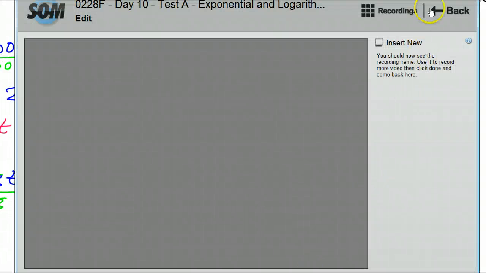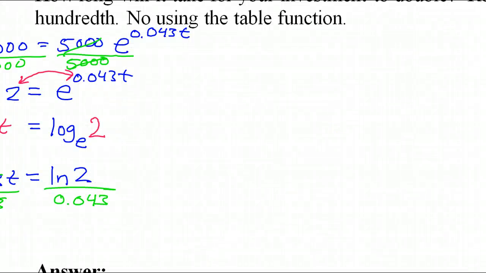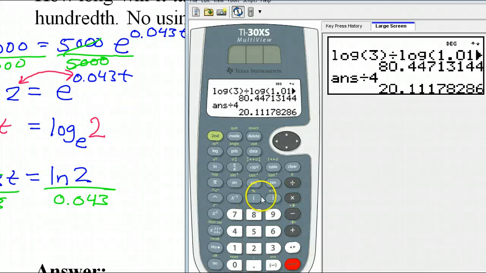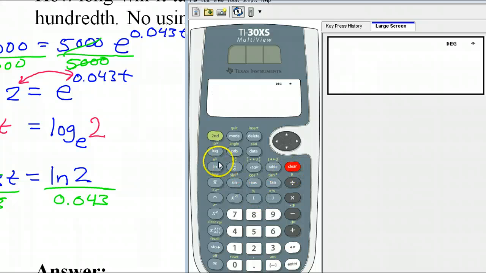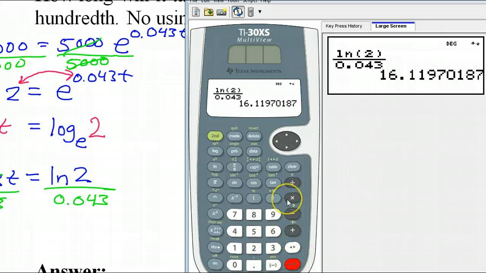Natural log 2 over 0.043. That's 16.12, round up.